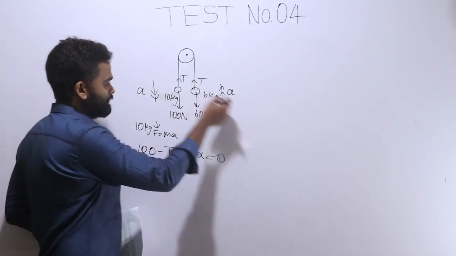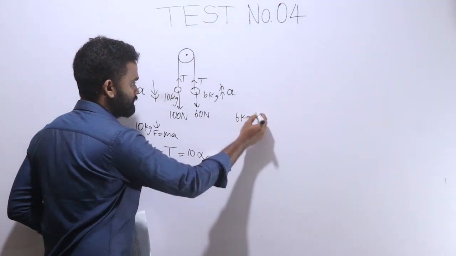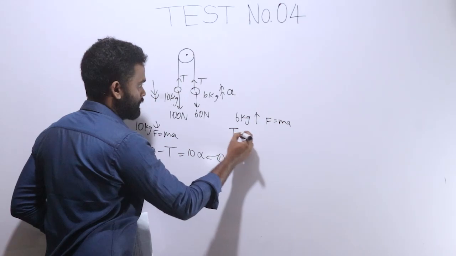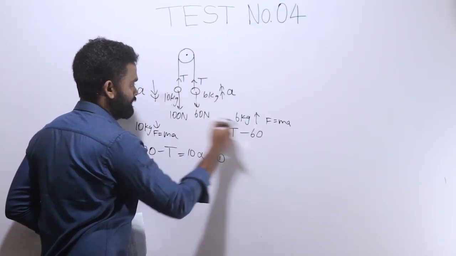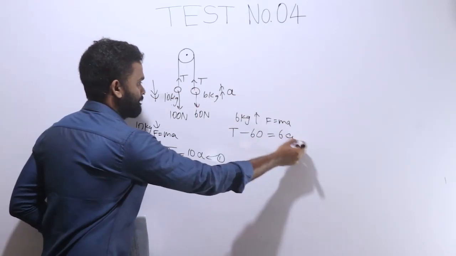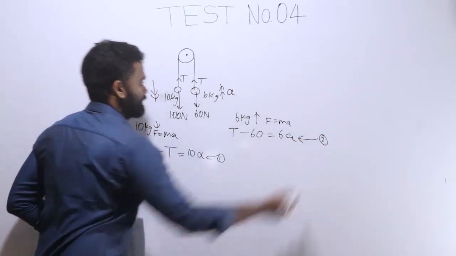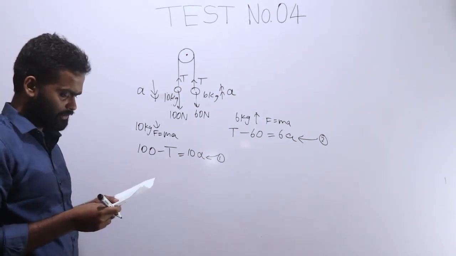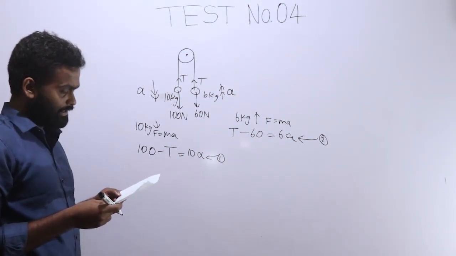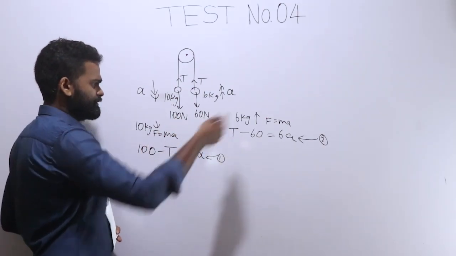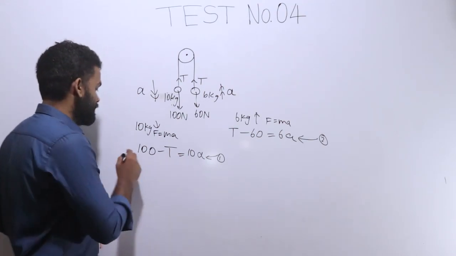Then I apply F equals ma to the 6 kg mass, upwards. Tension upwards minus weight 60 downwards equals mass 6a. This is the second equation. Here we have to find the acceleration, and these are simultaneous equations.